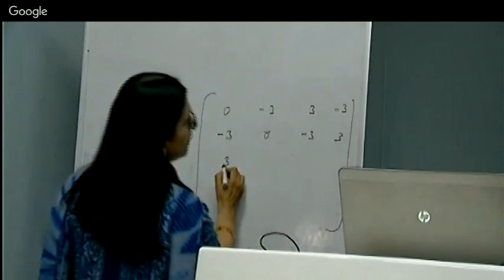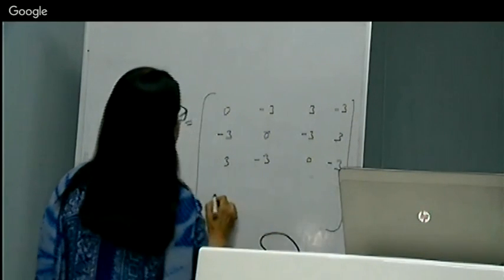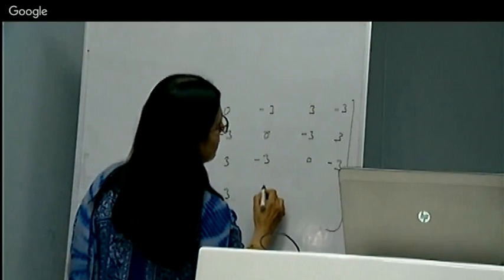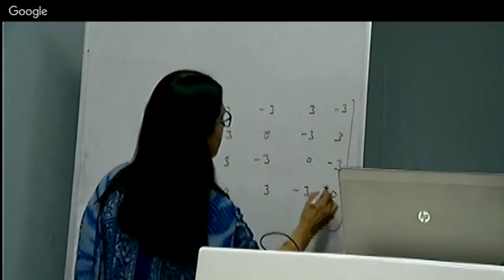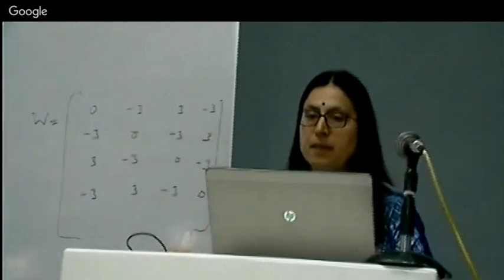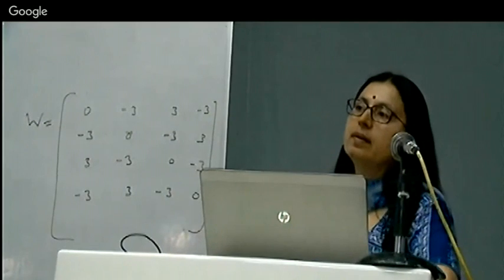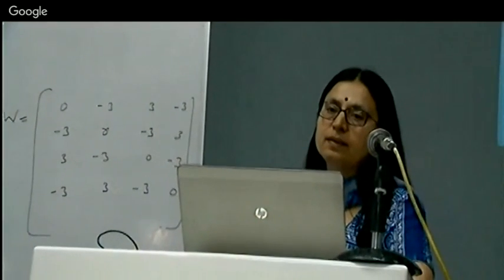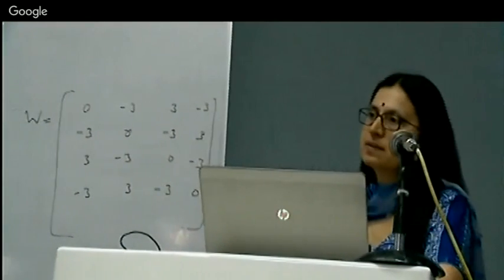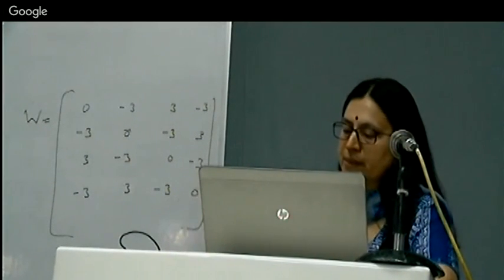Then next it would be 3, -3, 0, -3. Then -3, 3, -3, 0. So this can be the weight matrix. So all the elements in the weight matrix are multiplied by 3 by 2 and we get this weight matrix.